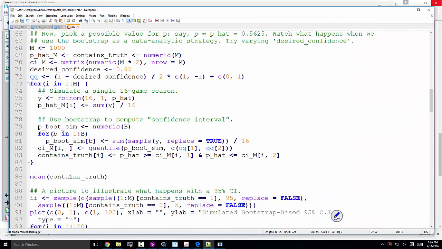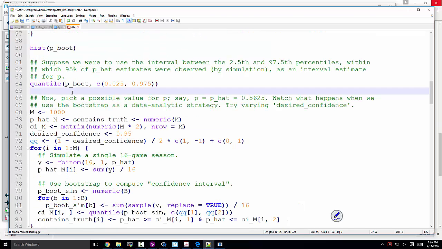So let me show you this simulation that illustrates why or how this works. Okay, so let's play pretend and say that P, the truth, is 0.5625. We're going to simulate under this scenario. Let's say we're going to play 16 games, and the true value of P is 0.5625.